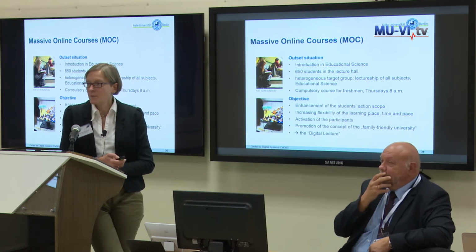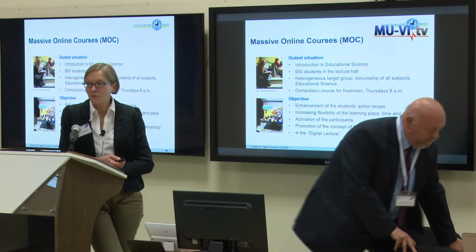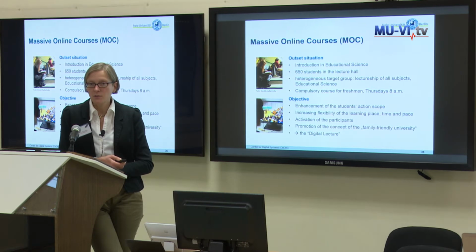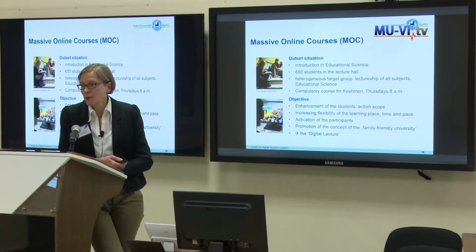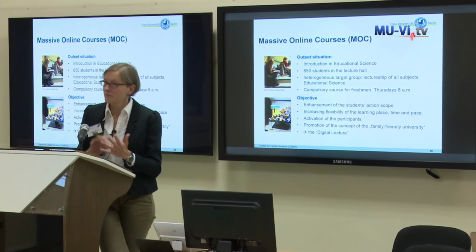That's why we call that family-friendly university. So that makes it much easier for a more flexible learning scenario, because when you have a little child at home, you might not be able to come every day to university. So this is what we call family-friendly.